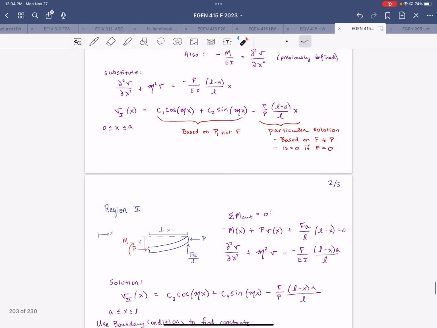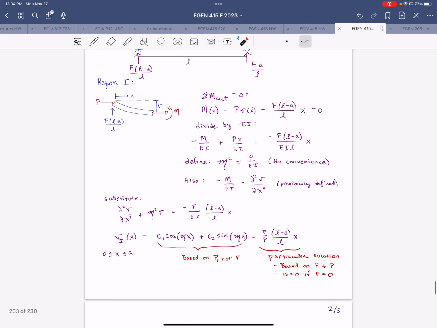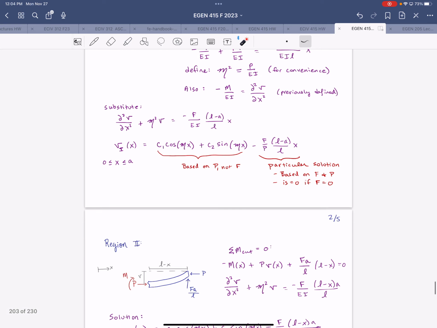The particular solution is based on both the transverse load and the axial load, and if there is no transverse load, that particular solution will be equal to 0. So the general solution is only based on the axial load. The transverse load has no effect on it.